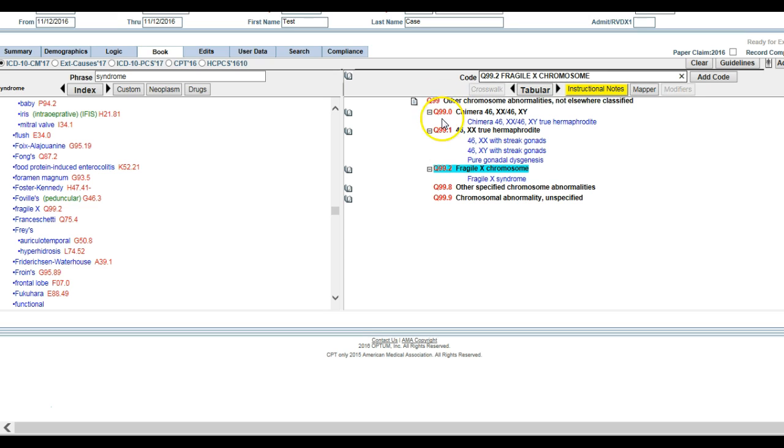For example, the Q99.0 chimera 46,XX/46,XY. This is a problem with the chromosomes where twins, sometimes a boy and a girl, will fuse together and create one person. And as you can see here, the inclusion note under here says this is a hermaphrodite.